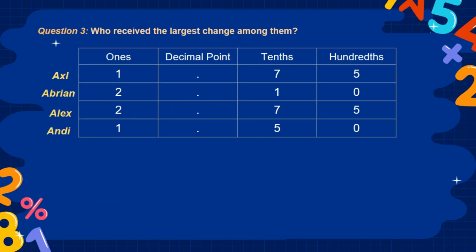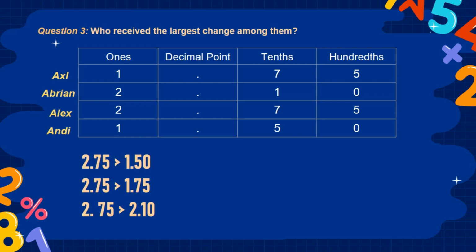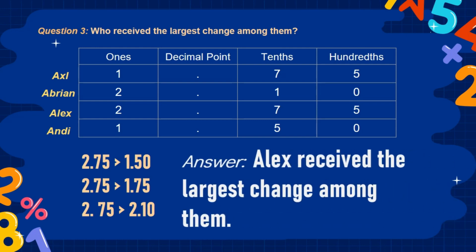By comparing the numbers, we can say that 2 and 75 hundredths is greater than 1 and 50 hundredths, 1 and 75 hundredths, and 2 and 10 hundredths. Therefore, Alex received the largest change among them.